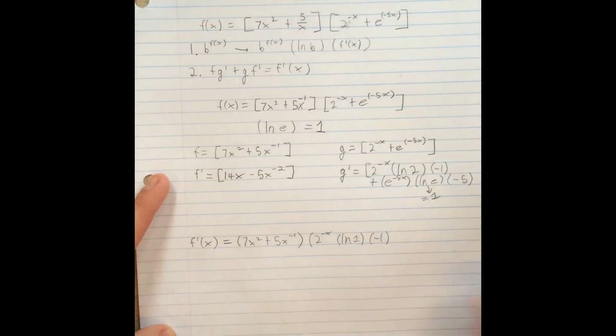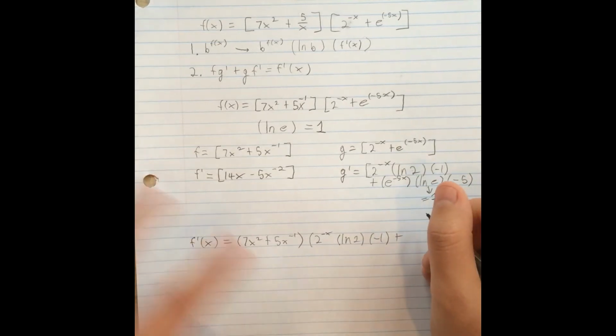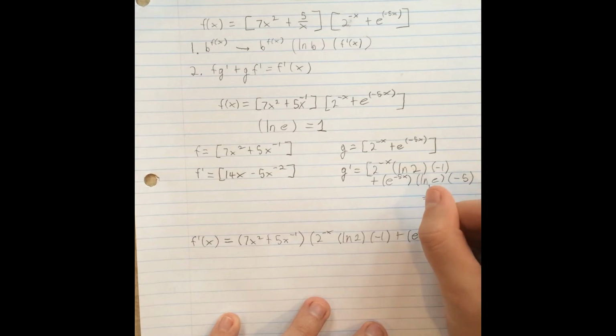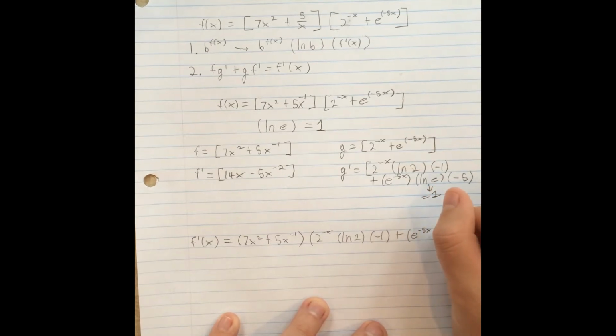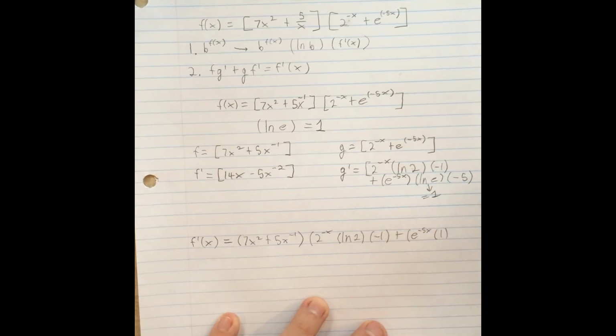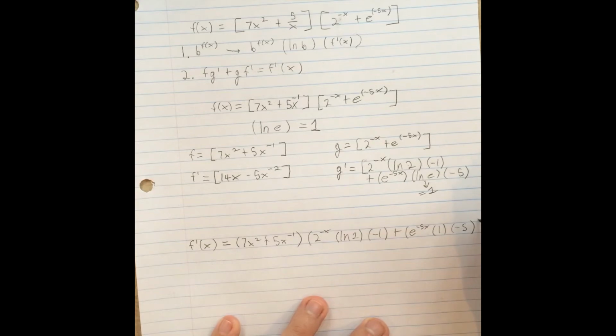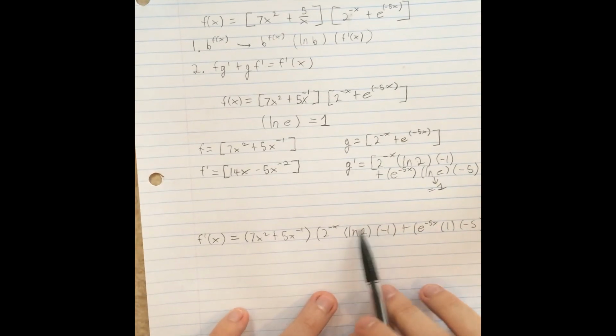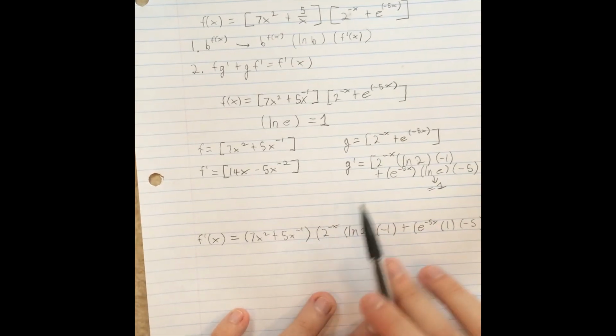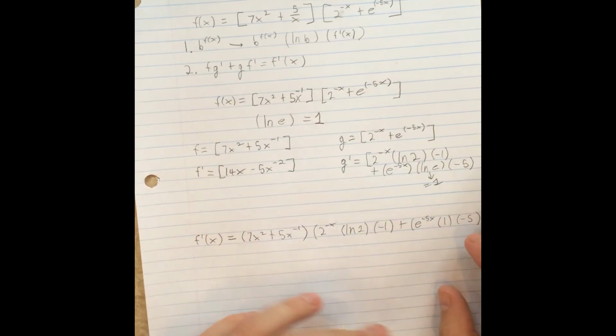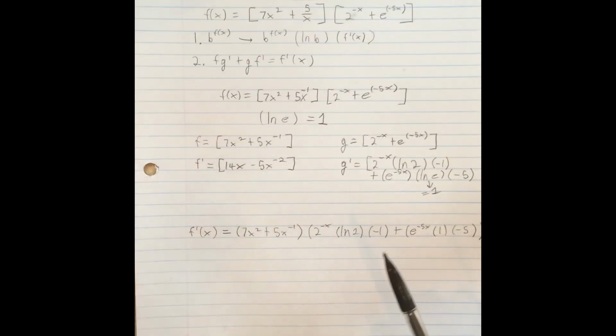So this is g prime, plus e to the negative 5x times 1, so the ln e turns into the 1, times negative 5. So that's our first half of the equation. That's f times g prime.